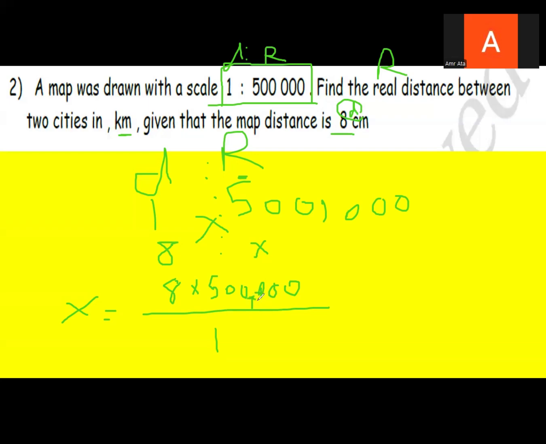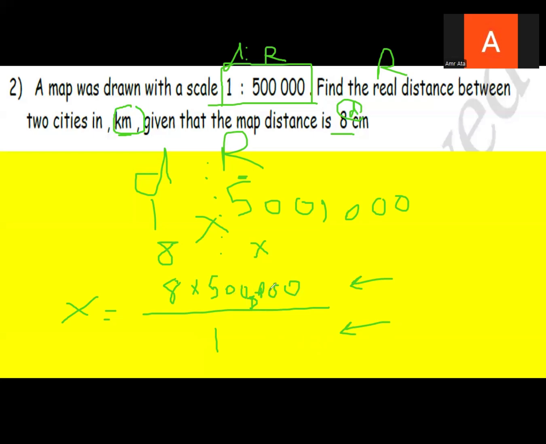The remainder to finish this problem is to convert. The problem is in kilometers, so I will convert by 5 zeros. When I put the 5 zeros, if the zeros are in the numerator, put the zeros in the denominator, and vice versa, if the zeros are in the denominator, put them in the numerator.